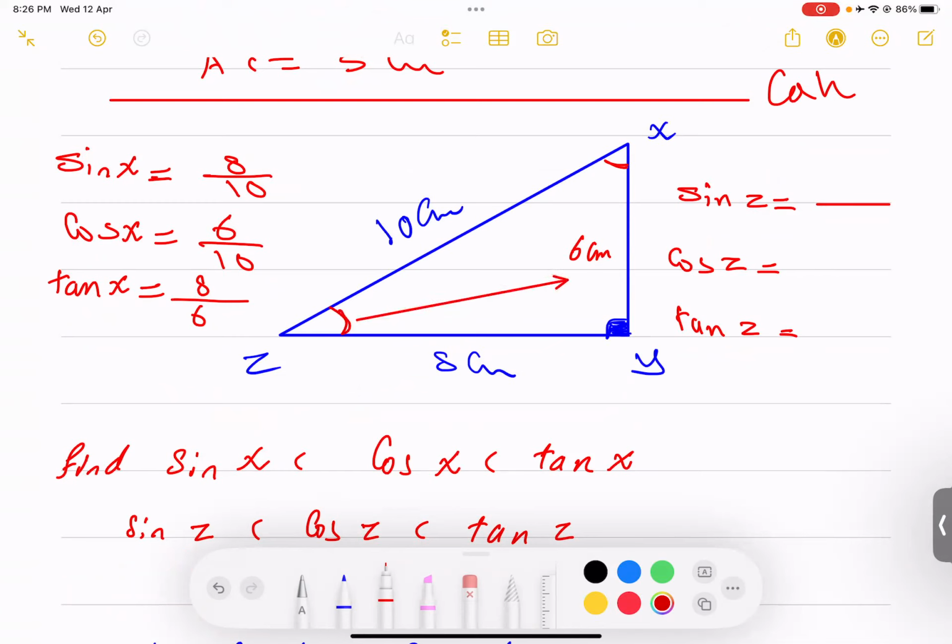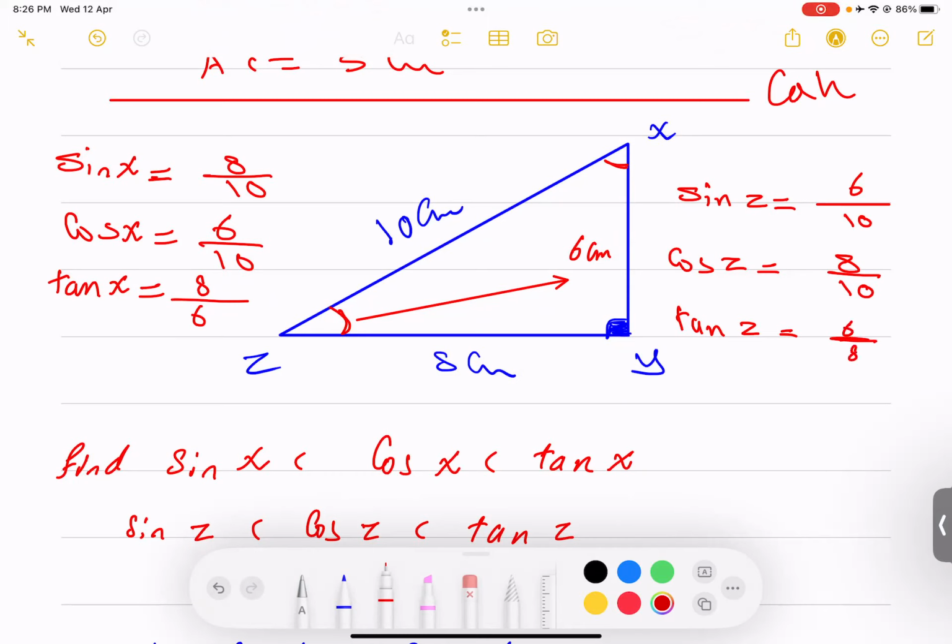The opposite of the sine of z is 6 centimeters. So it's going to be 6 out of 10. Yeah, exactly. Perfect. And then the adjacent is going to be 10. No, just wait. 10 is the hypotenuse. The cosine is 8 over 10. Yeah, okay. What about the tan? 6 by 8. Yeah, exactly.